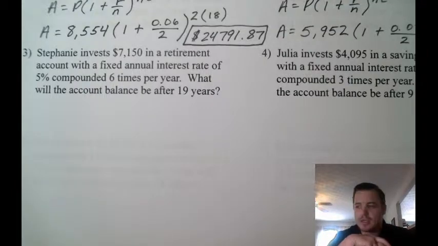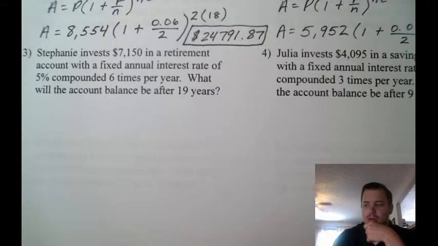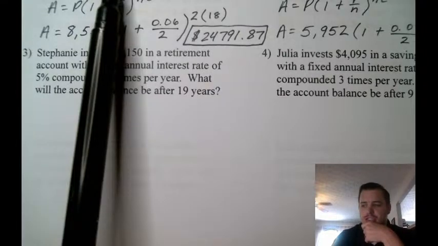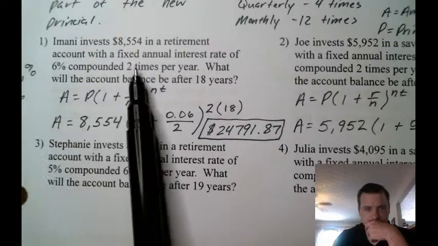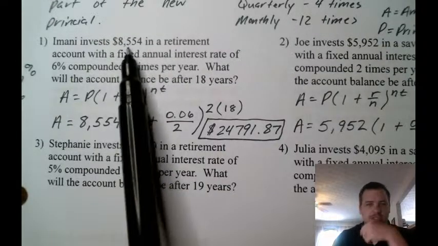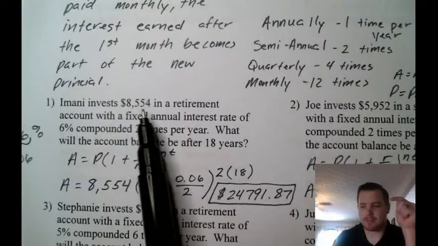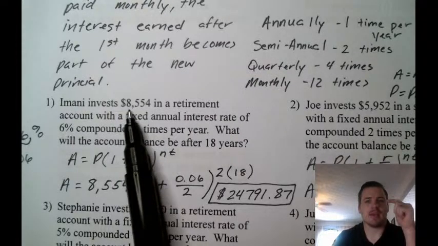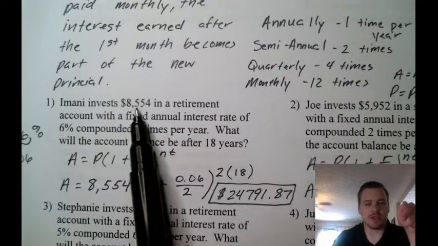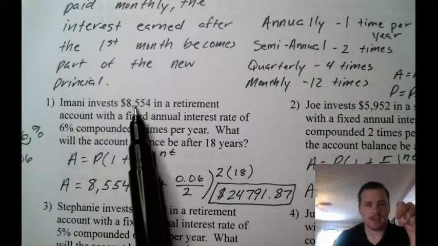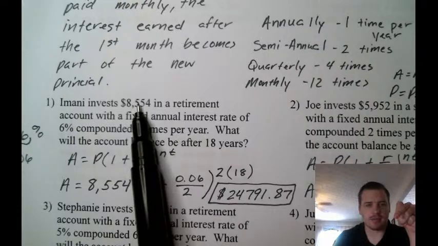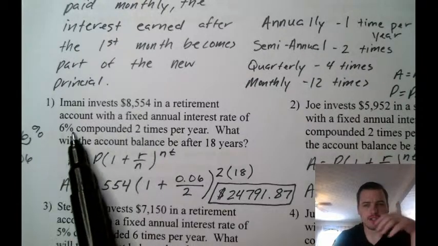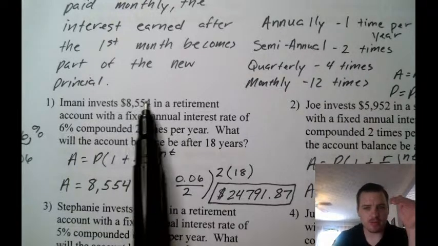So when it was done twice a year, like on problem 1, she put that amount in. Let's say she put that in January. Then at the end of June, beginning of July, they gave her 6% of whatever that amount is. And then she got a brand new principal, right?